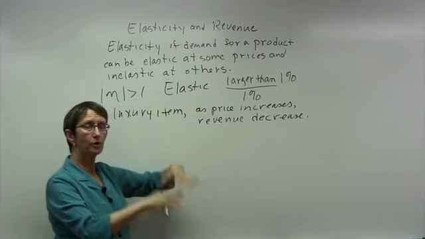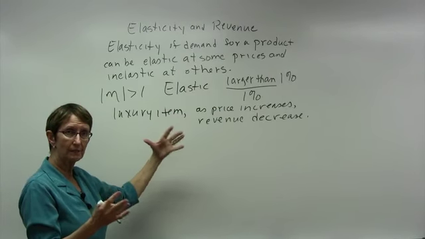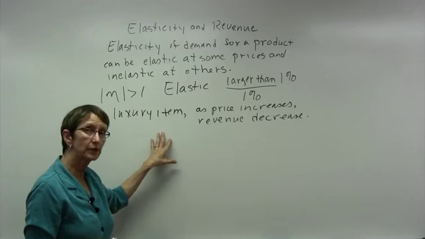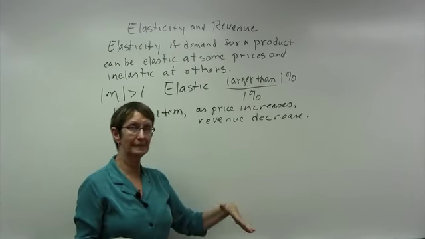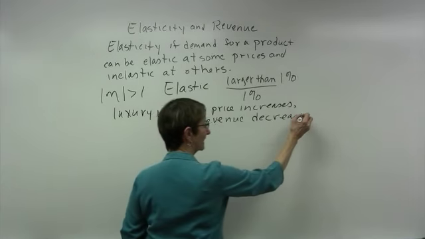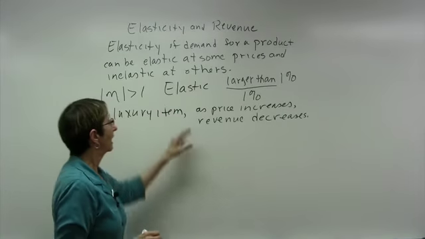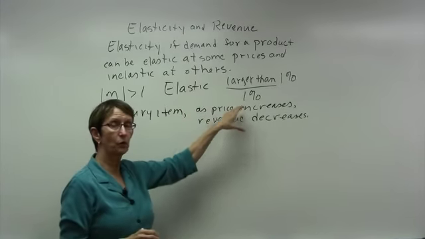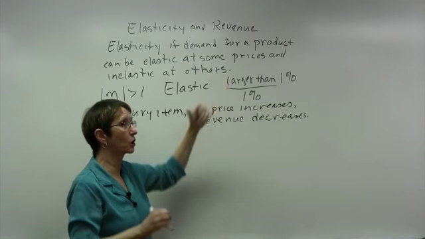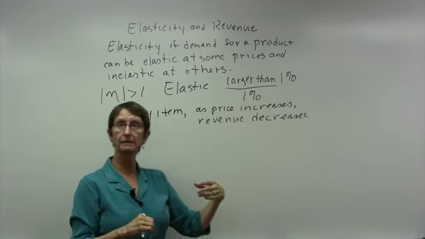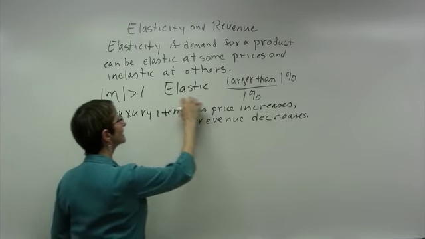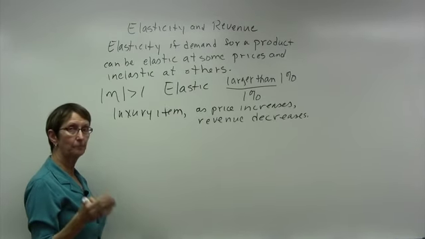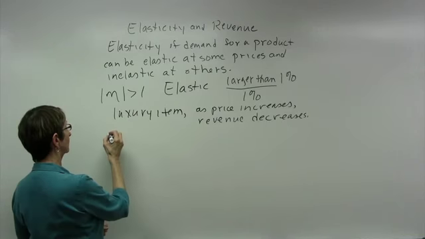Something where there's a large change in demand makes it a luxury item, so people simply won't continue to buy it. So the revenue decreases. Similarly, if a price was going to decrease, there would be a much larger increase in demand if it was a luxury item. This is for an elastic point at a price.